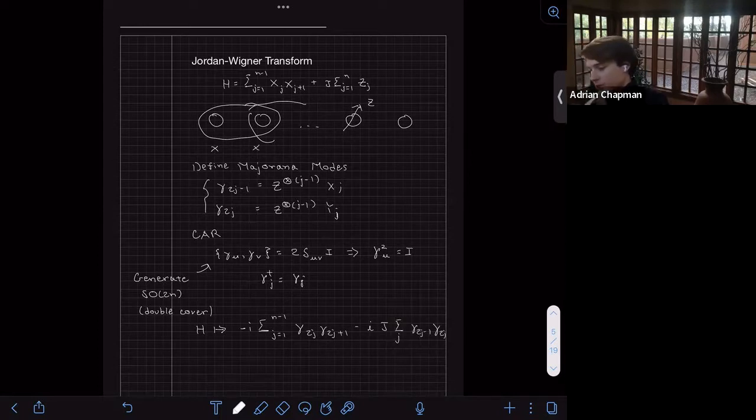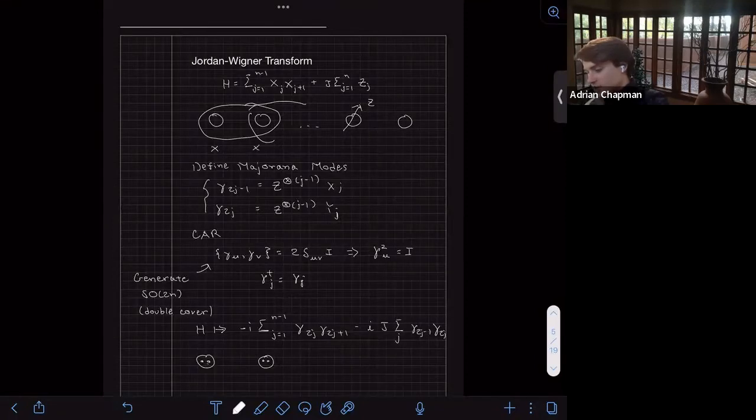And so in the Majorana picture, the way you can think about this is it looks like every spin contains two Majorana modes. Right, so we started with n qubits, and this transformation maps us to 2n Majorana modes, generating the group SO2n. And the couplings are also quadratic in the Majorana modes.